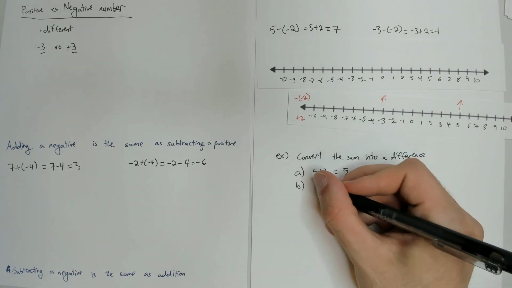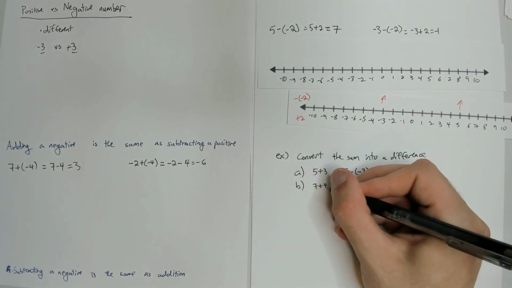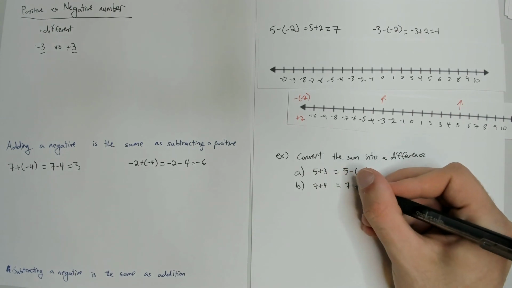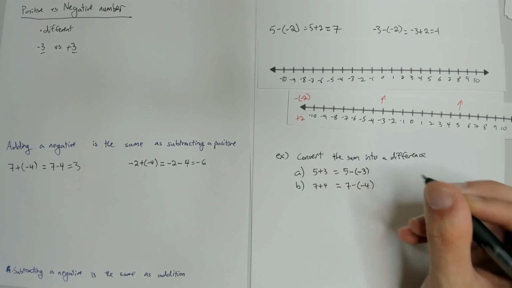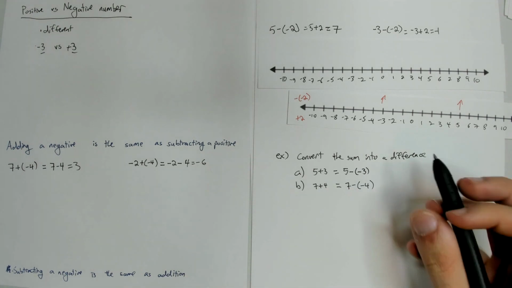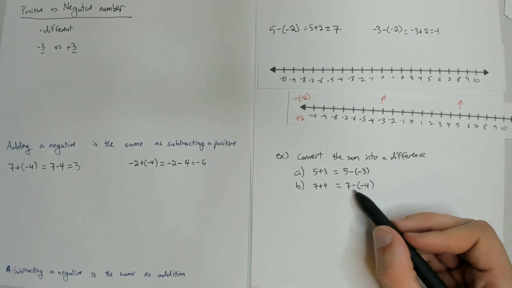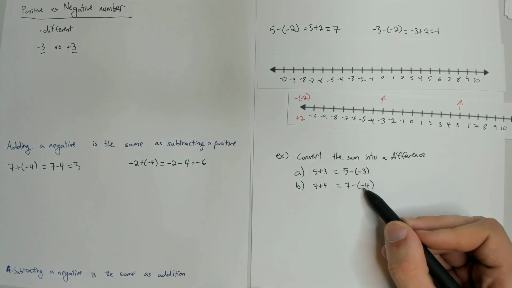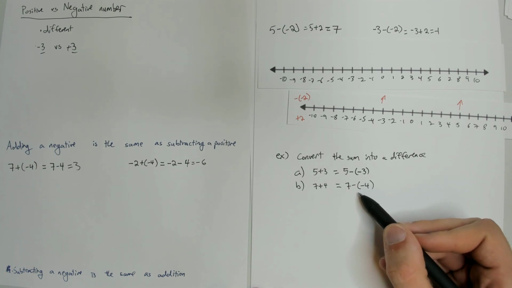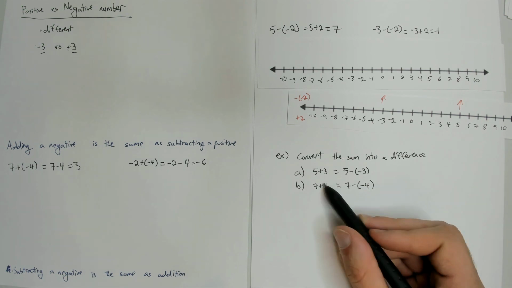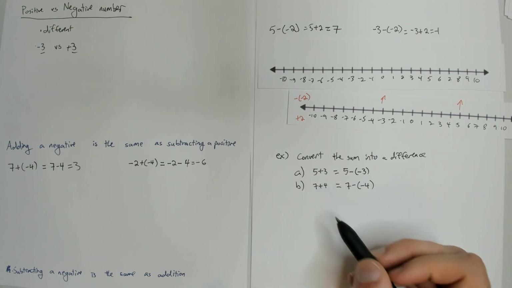Another example might be 7 plus 4. That could be expressed as 7 minus negative 4, because this is shifting to the right by 4. The subtraction here is a shift to the left, but then this negative means that we're shifting in the opposite direction, which means that instead of going left, we're going right. So this is the same as that.